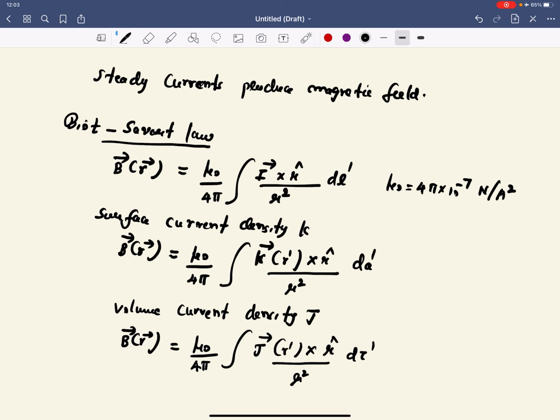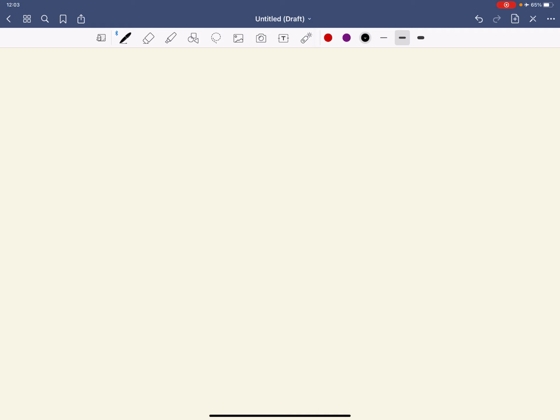Okay, so now let's try to find the divergence and curl of this magnetic field. We already know that the magnetic field has a curl nature and its divergence is going to be 0. Let's try to understand this better. Since we already learned about magnetic forces due to different distributions, now we are trying to find the divergence and curl.